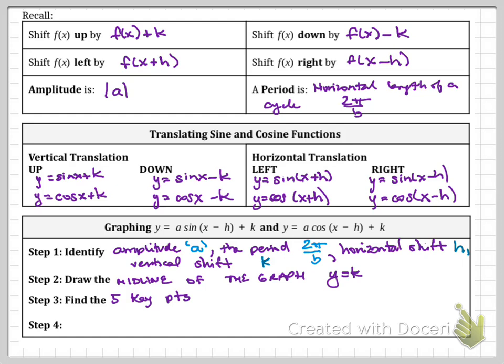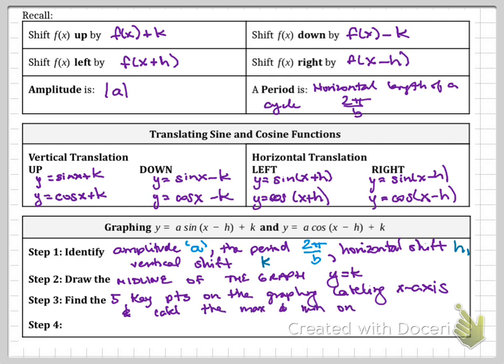Label the x-axis with those 4 points plus a 0, so 5 points, and label the max and minimum on the y-axis.